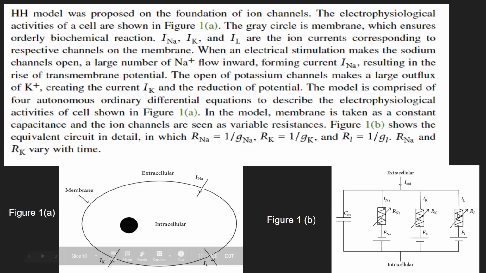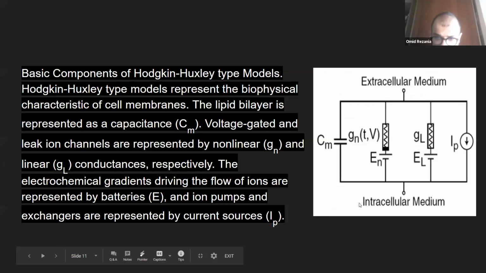Figure 1b shows the equivalent circuits in detail, in which Rna is equal to 1 over Gna, Rk is equal to 1 over Gk, and Rl is equal to 1 over Gl. Rna and Rk vary with time. Brilliant.